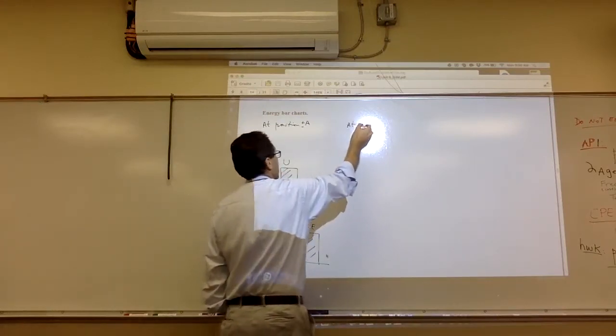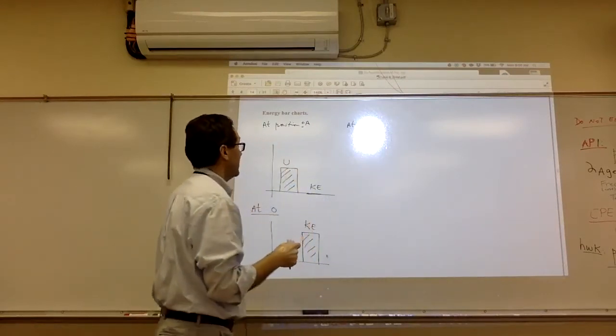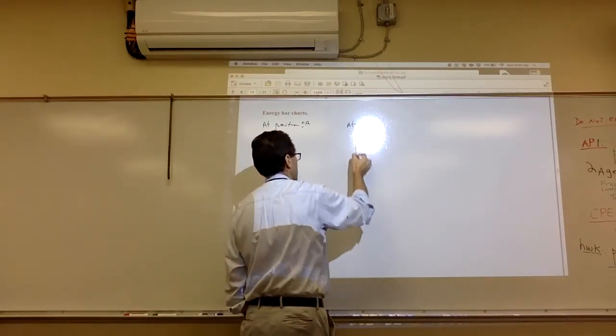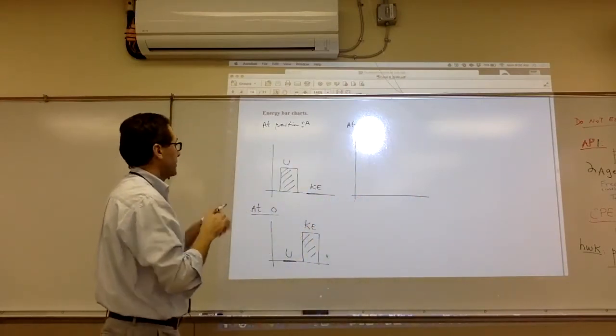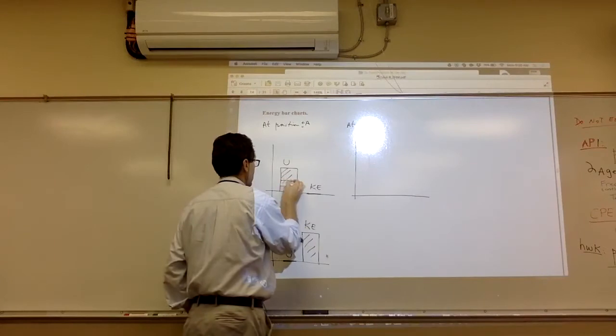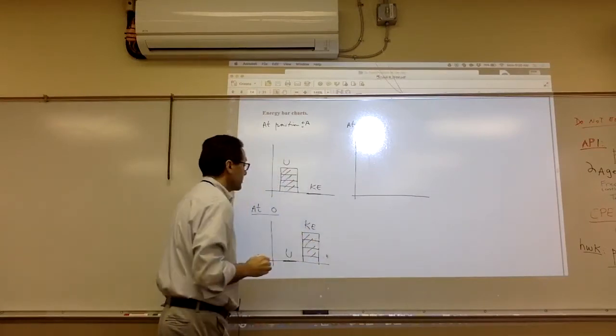Let's say at A over 2 on either side, so plus or minus A over 2. So at A over 2, I'm going to do 1, 2, 3, 4, 1, 2, 3, 4. Okay.